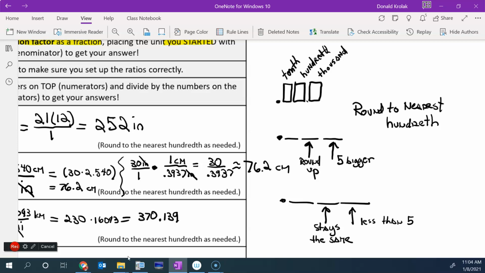So you always need one more digit than you're rounding to, and that tells you what to do. When I put a little arrow here, that's the number I'm looking at, and that tells me to take that 3 and move it up. Now my last digit is in the hundredths place: 37 and 14 hundredths. And we're talking kilometers.